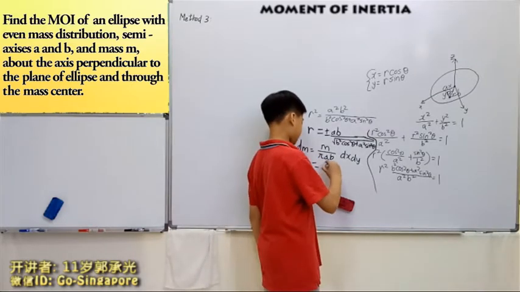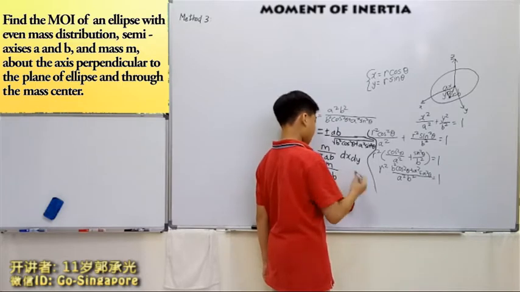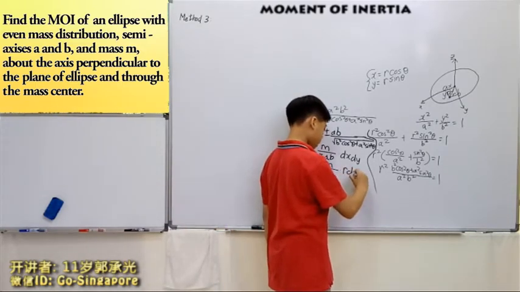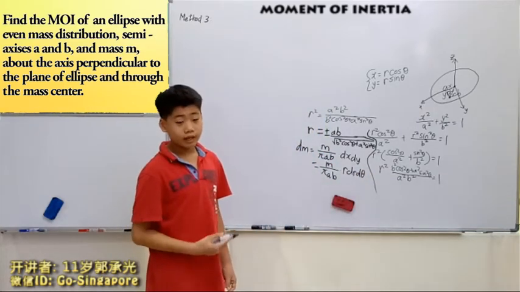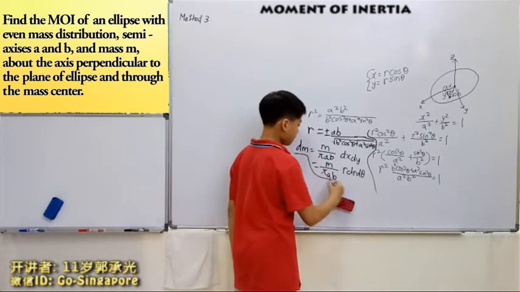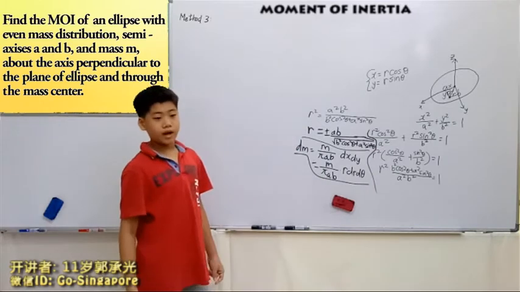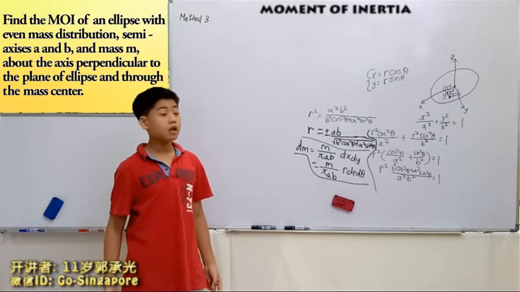When you change that, dx, dy would become r, dr, d theta, like this. So right now we have dm, we also have r. Well, what do we want to start solving right now?